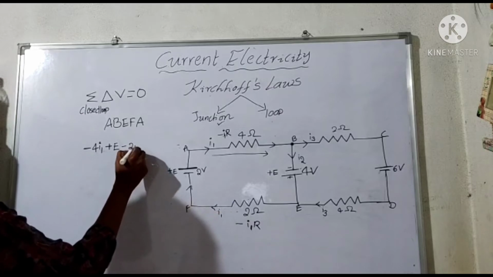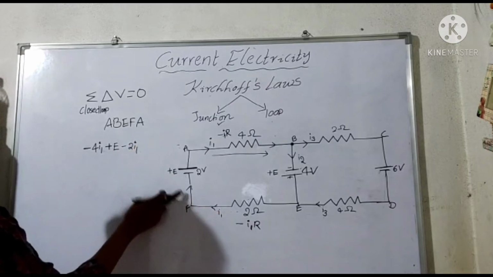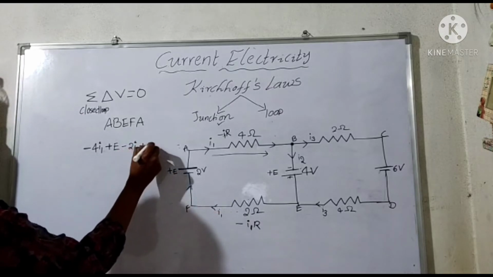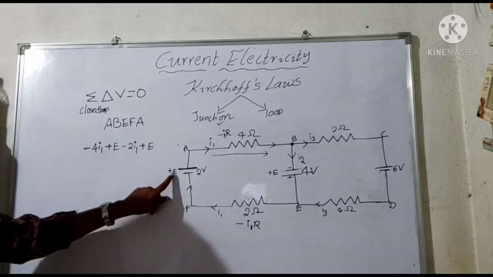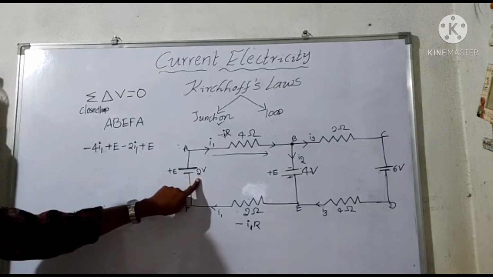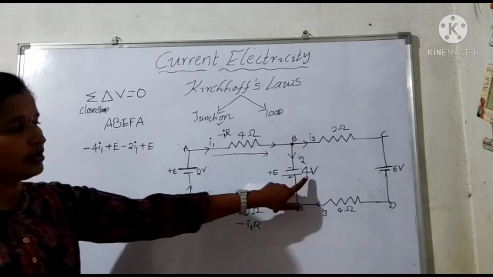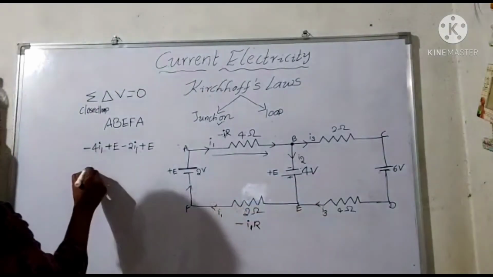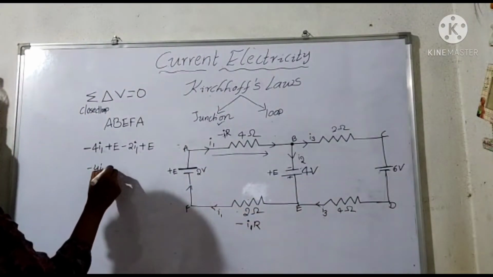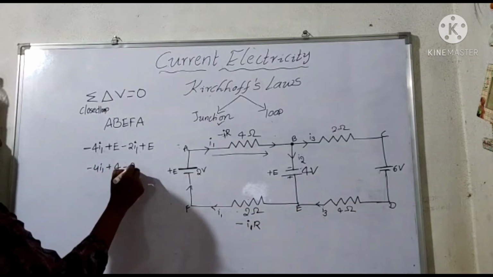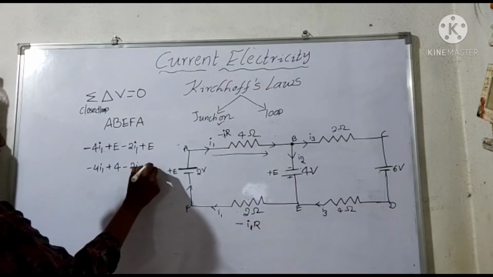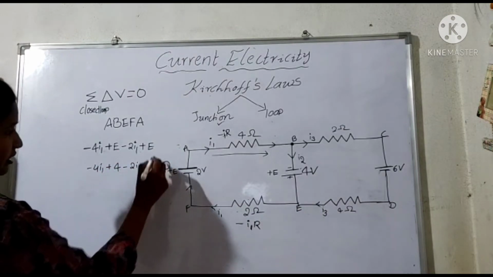So minus 2 I1, and here this is 4 plus E. Here what is the value of the battery? 2. Here what is the value? 4. Minus 4 I1 plus 4 minus 2 I1 plus 2 equals 0.